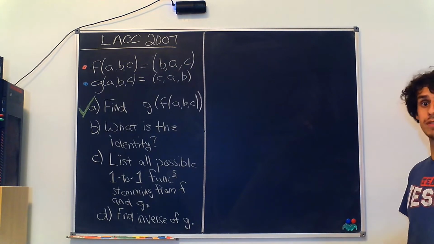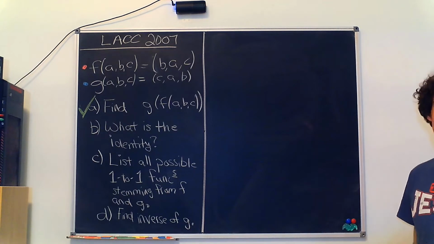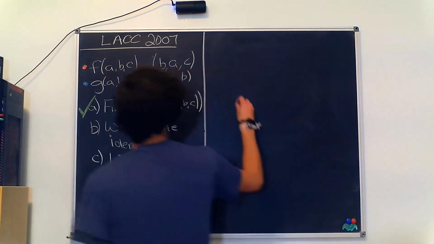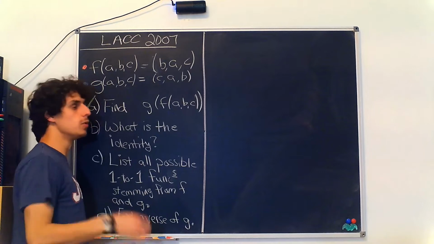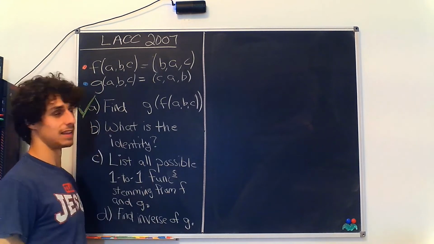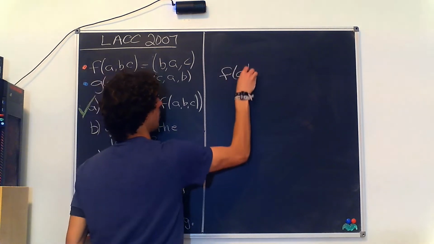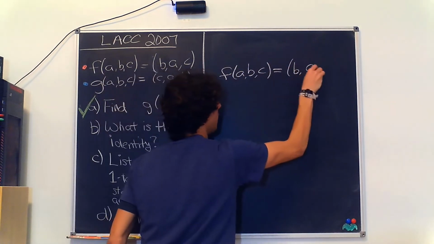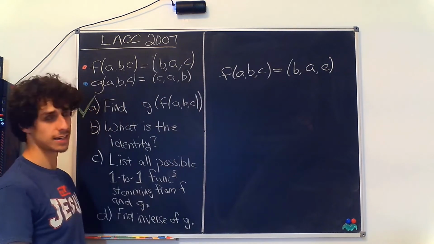And there's a couple of different ways we could do this. We could use f and g in some kind of combination, but I think the easiest way is to look at what each of these functions does and do them over and over again until we find the identity. So if we take f of a, comma b, comma c, we get b, comma a, comma c. But that just switches the first two entries as we said.